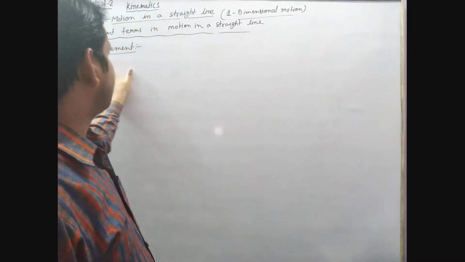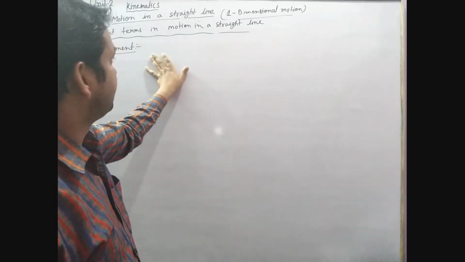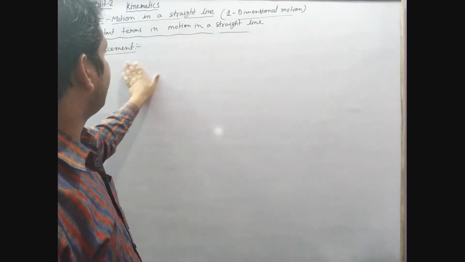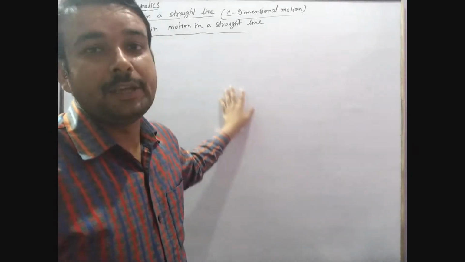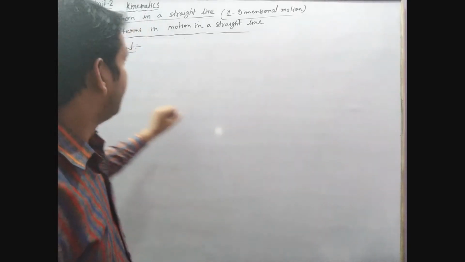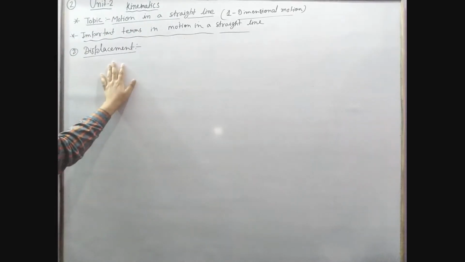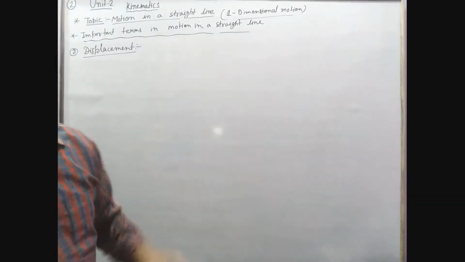So displacement is covered by an object between two positions in a given time interval, or it is the shortest distance between the two positions.